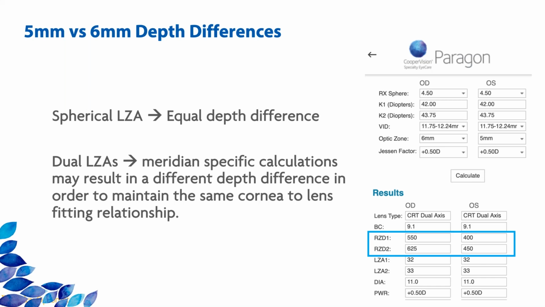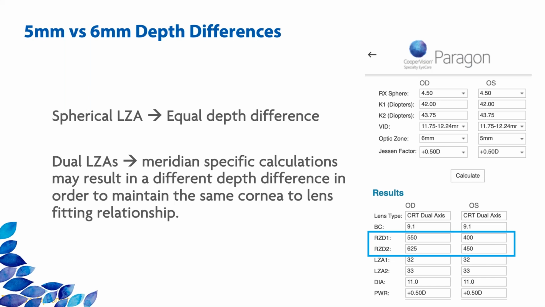So the troubleshooting thinking philosophy is exactly the same as in the 6mm lenses. And I tend to fit CRT lenses on the larger diameters to really ensure a pretty ideal centration from the beginning. As you can see from the studies, I have used the lenses all the way up to a 12mm diameter. So if I'm seeing a lateral decentration, whether it's a 5 or 6 OZ, I will still most likely increase the diameter of the lens to improve centration.